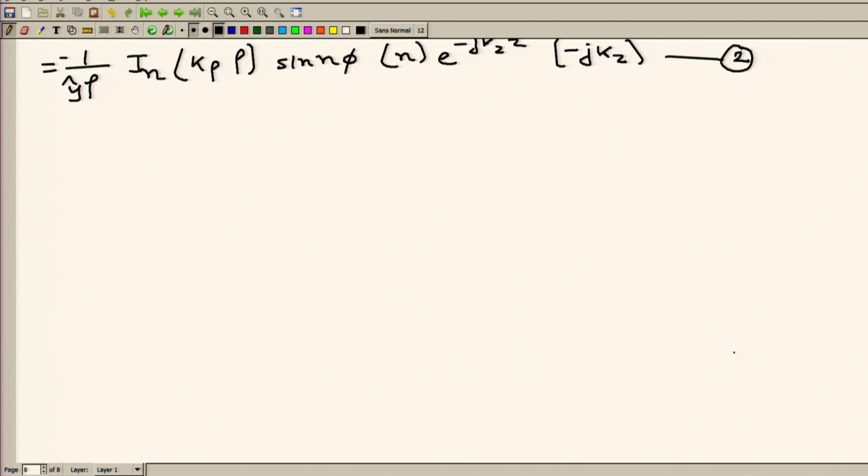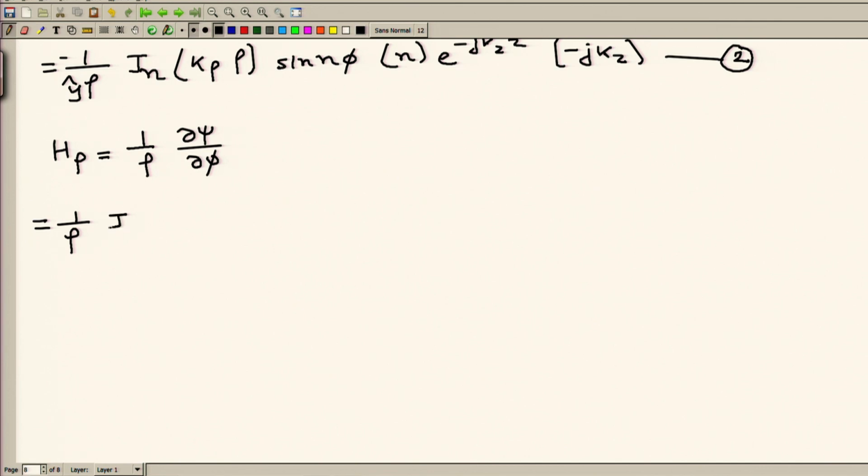Now, H rho. We will have 1 upon rho del psi upon del phi. So, with respect to phi we are differentiating.